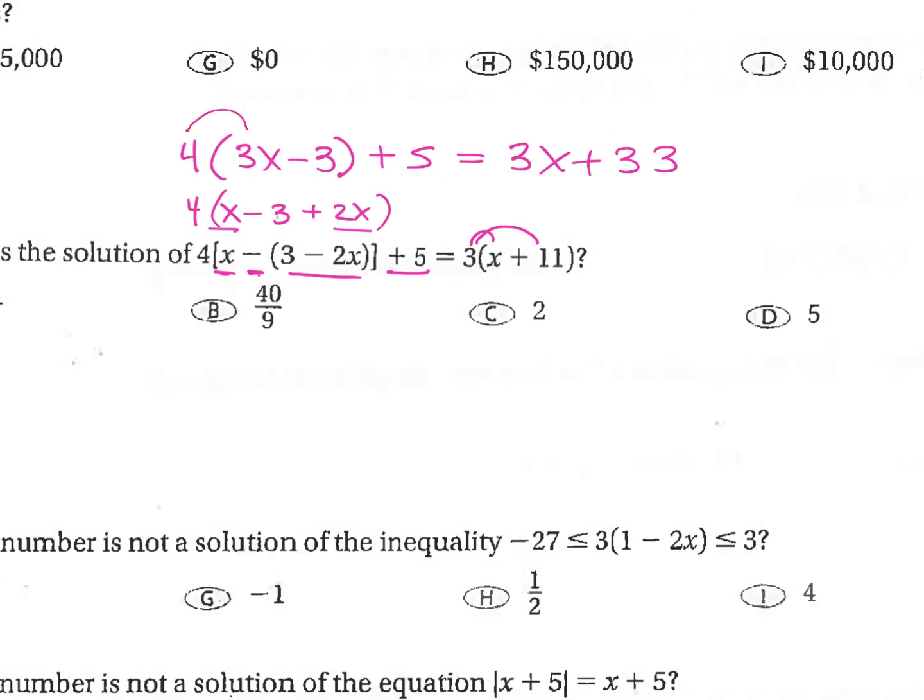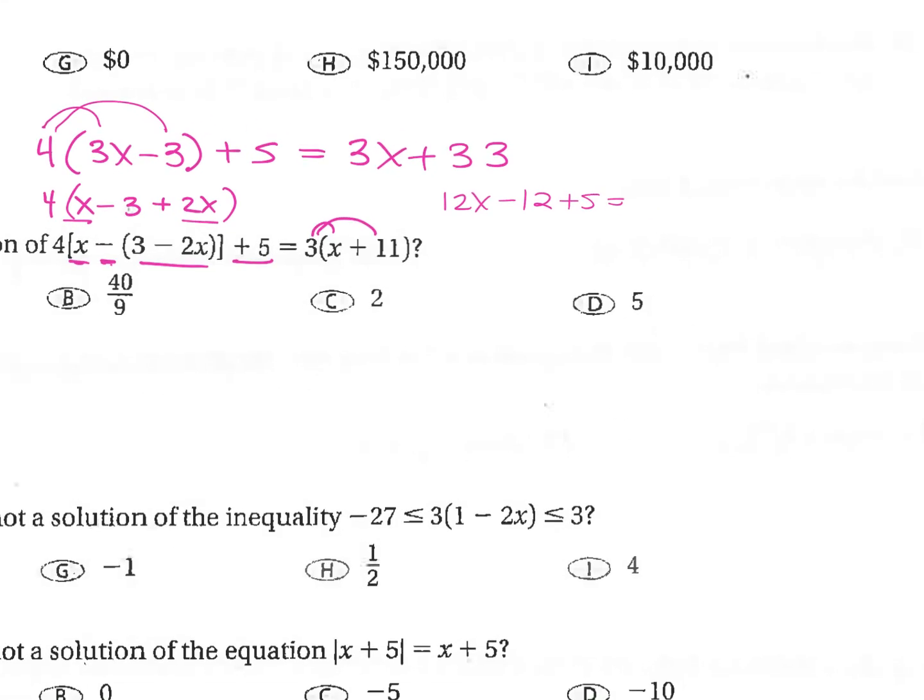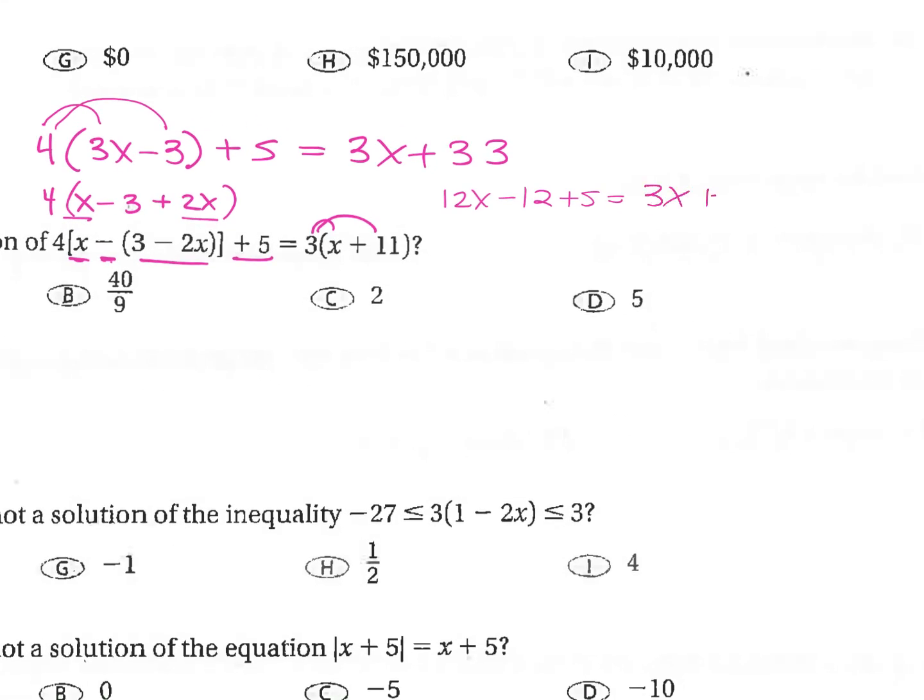So I'm going to go ahead and distribute this. That would be 12x minus 12 plus 5 equals 3x plus 33. If I take away the 3x, I get 9x over here. All right. Negative 12 plus 5 is a negative 7 equals 33.